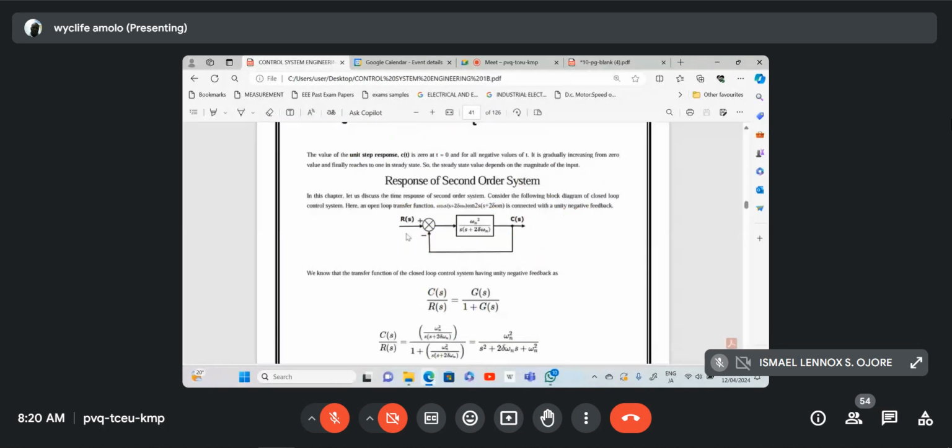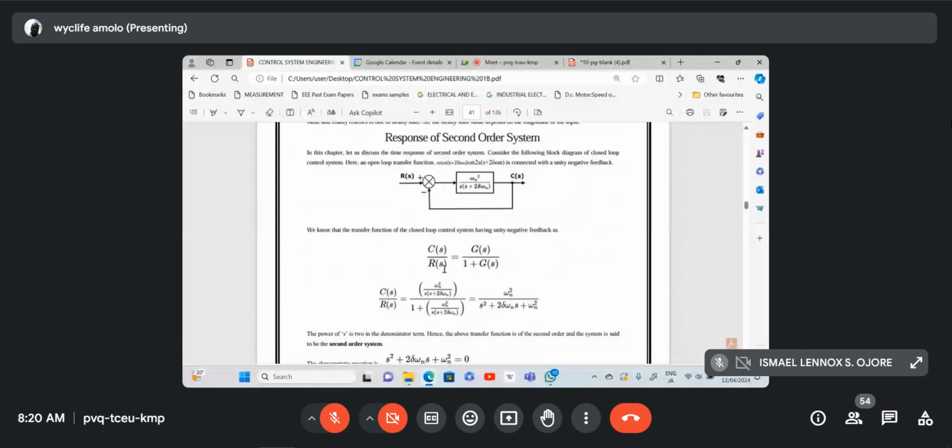Now, in a second order response, and if you have done your computation right with a closed loop transfer function, this is the canonical form we expected of you. Then you put this block is the G(s), then this one is the feedback. So you bring the block, then add this part, then you get this expression here.